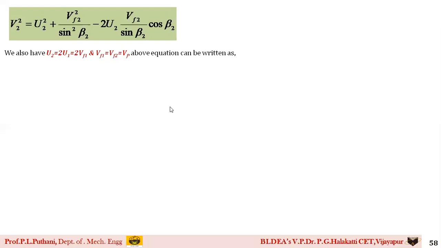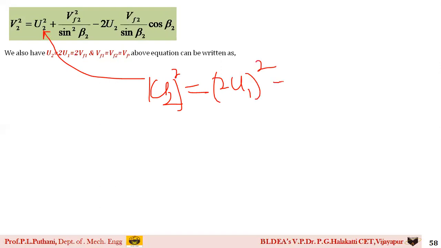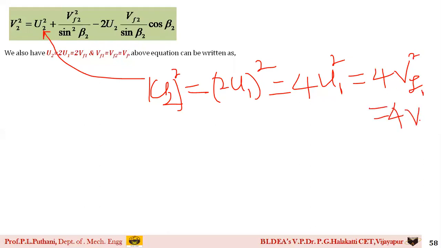So directly we can write in this form also, that is u2 is equal to 2u1, which is given, but here we have u2 square. So I will square this one, which becomes 4u1 square, which is also equal to 4Vf1 square, which is nothing but 4Vf square, because throughout the radial flow, the velocity of flow is constant.